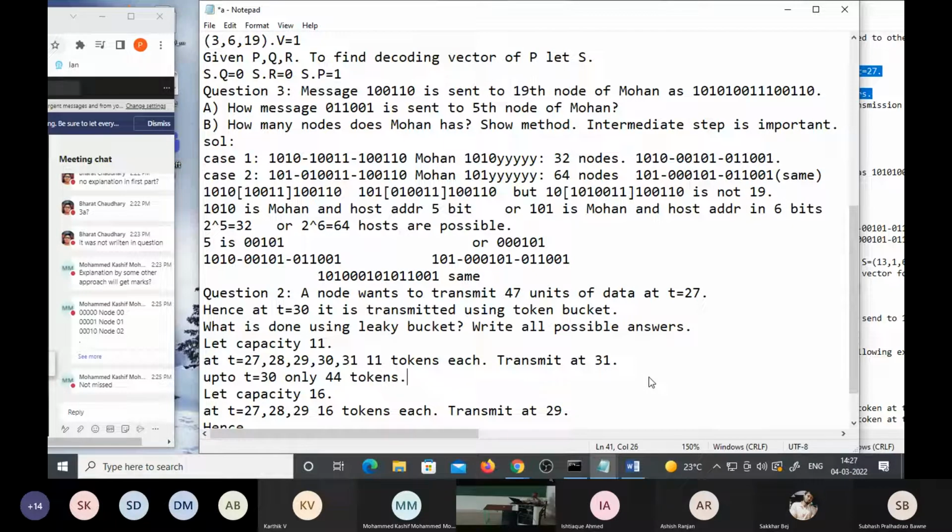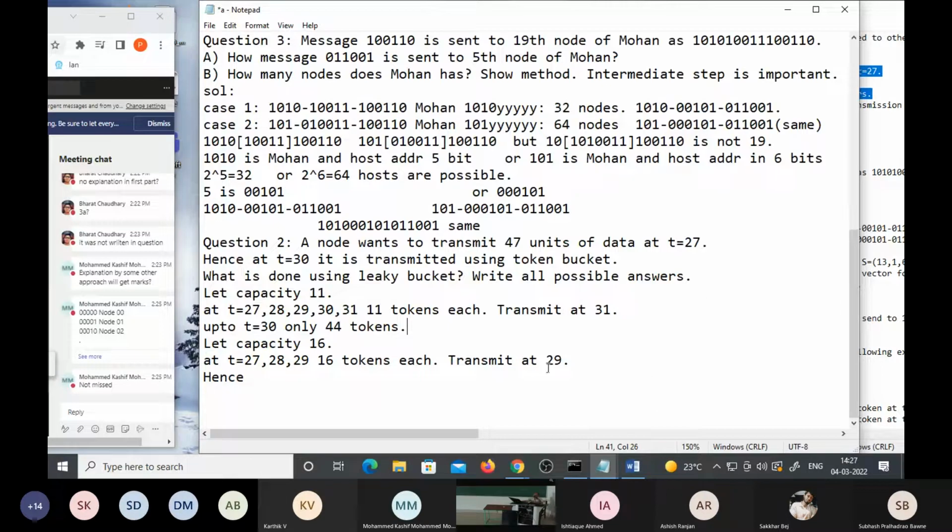Is it correct? Hence, transmission capacity t equal to 12 to 15. Is it correct?